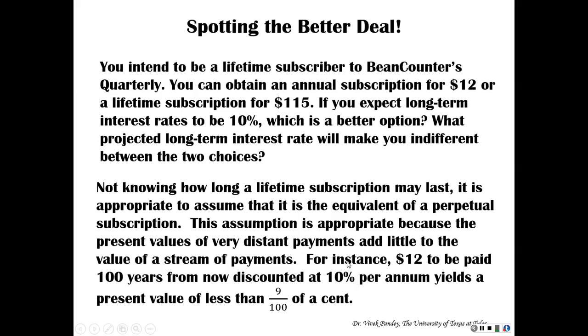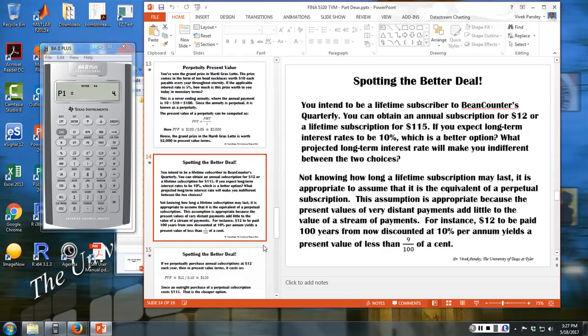Now, for example, $12 to be paid 100 years from now, discounted at 10% per annum, yields a present value of less than 9/100th of a cent. As a matter of fact, we can figure this out. I said second compute in the calculator to get out of the amortization mode we were in. Second clear TVM.